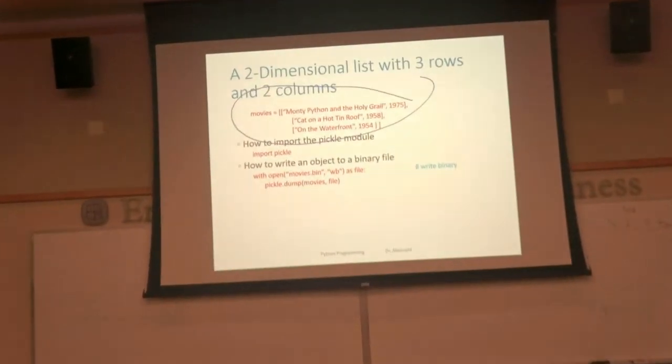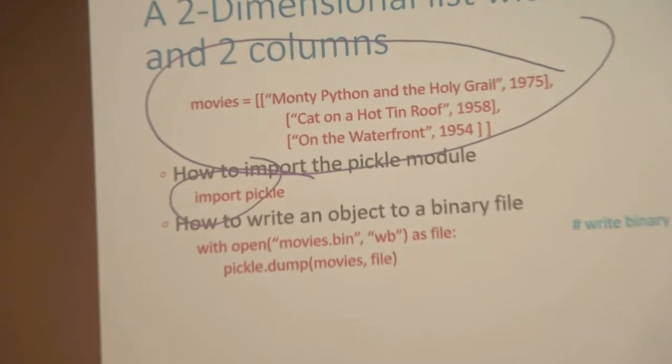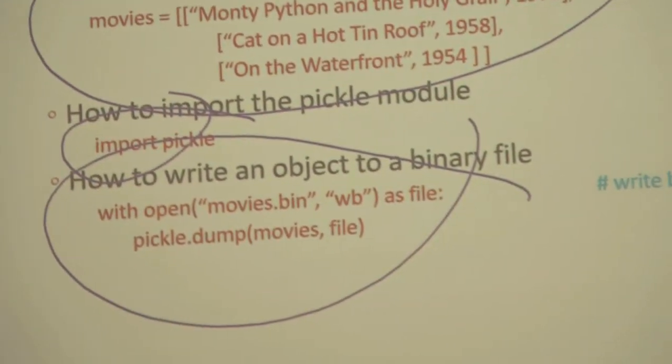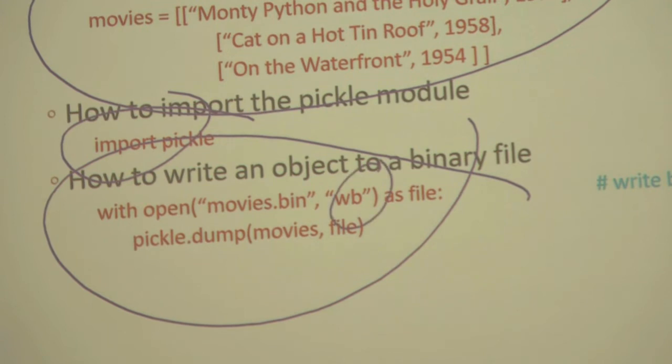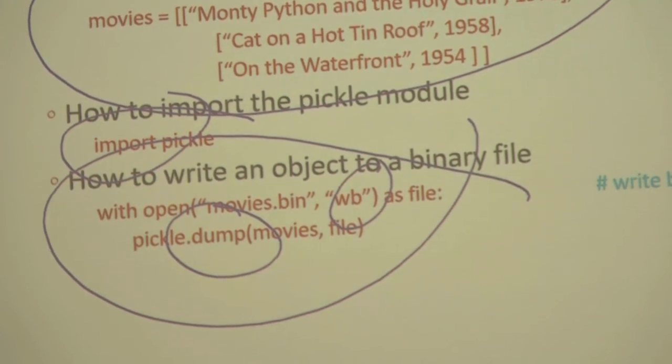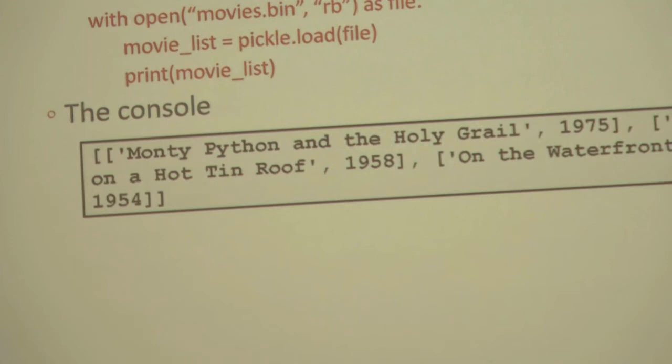First of all, you have to import pickle and you have to open it. Small difference: when you open it, you have to say wb. What is wb? Write binary. And another difference, we don't say write, we say dump. We say dump to write. Anything else will be the same.